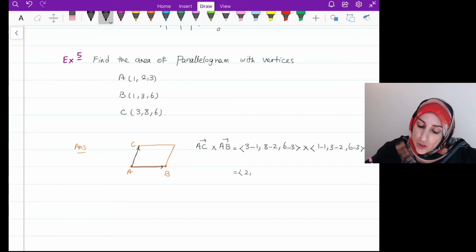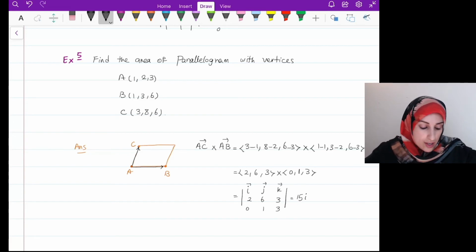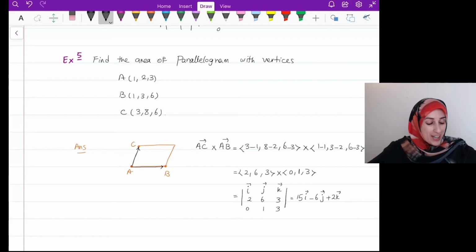So I get 2, 6, 3 cross product with 0, 1, and 3. And so the cross product would be i, j, k, 2, 6, 3, 0, 1, 3. If we do the cross product, we get 15i minus 6j plus 2k. I hope the answer is correct.